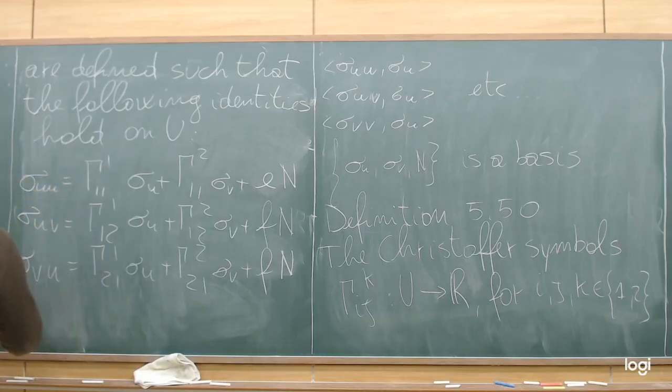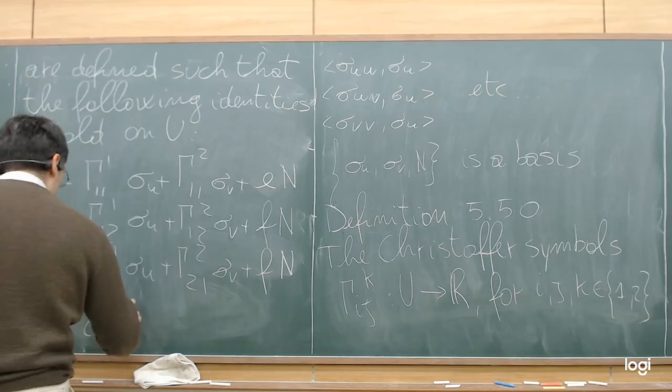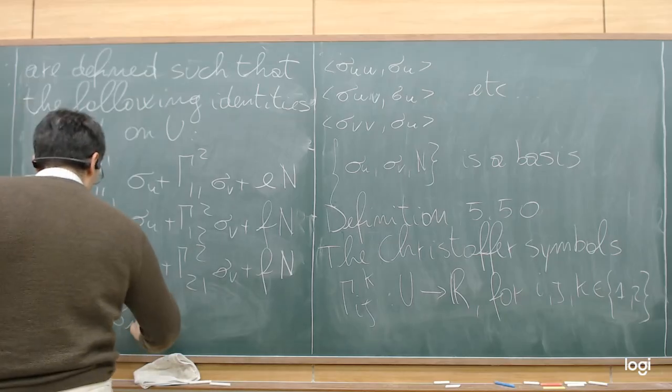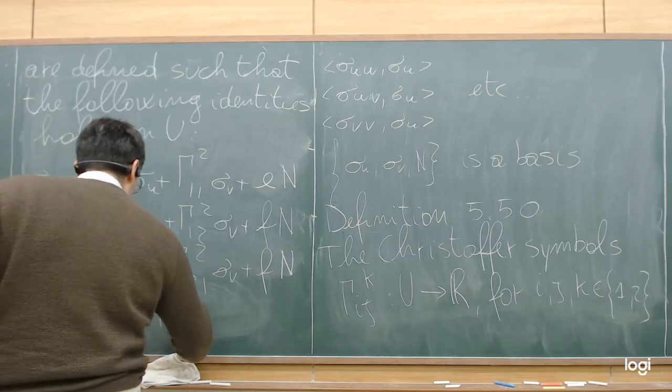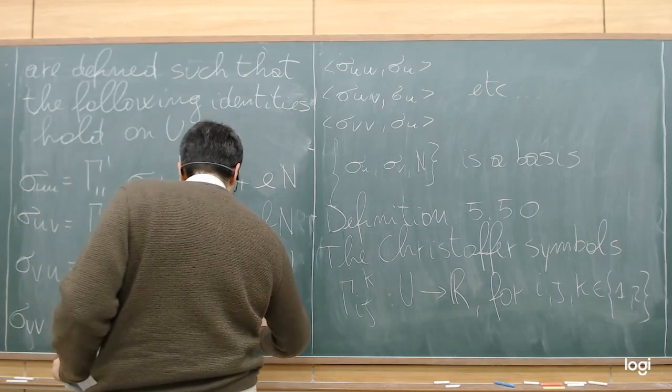And the last one is sigma VV equal to gamma 2 2 1 sigma U plus gamma 2 2 2 sigma V plus Gn.